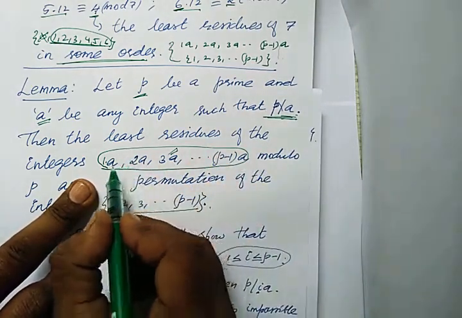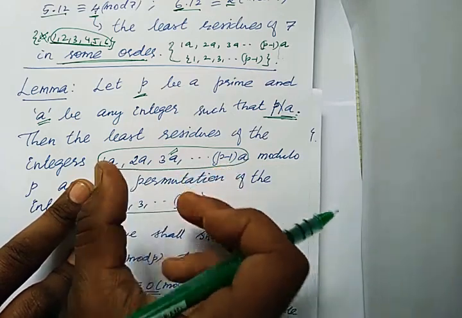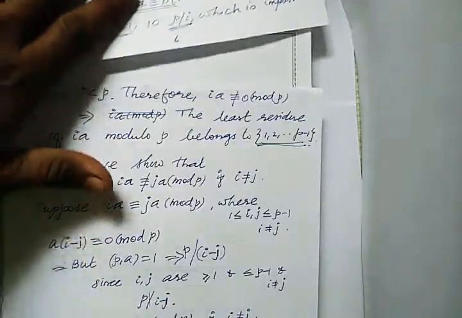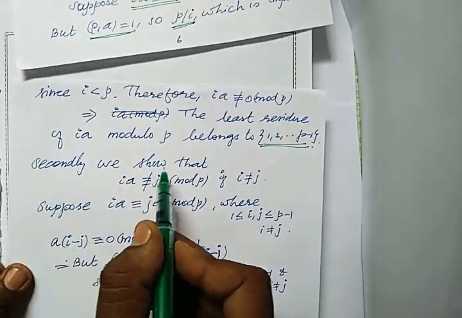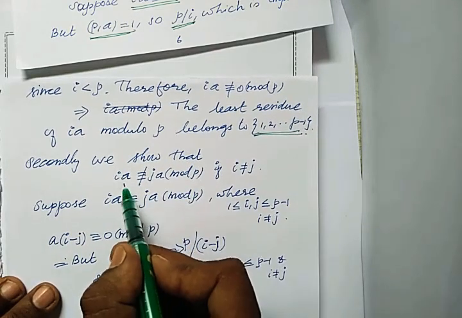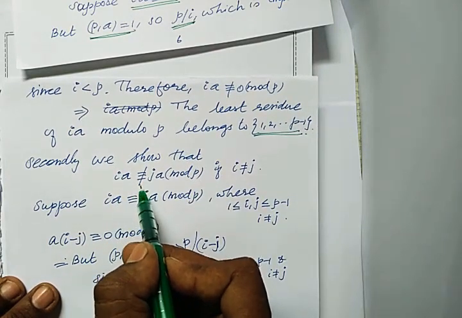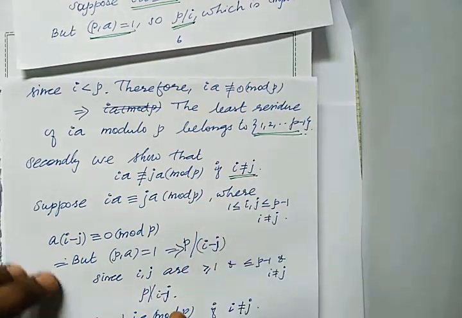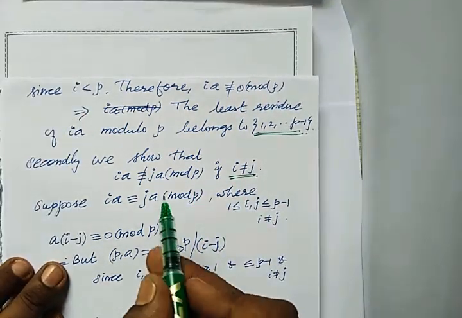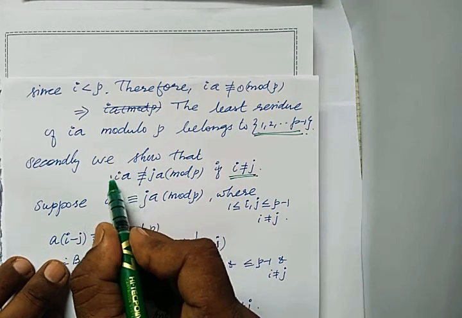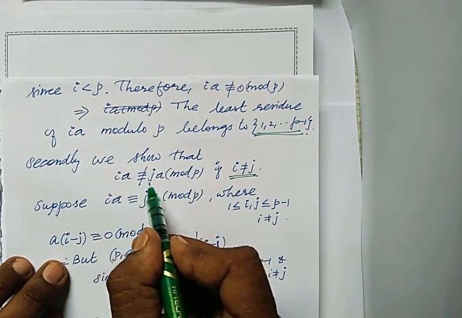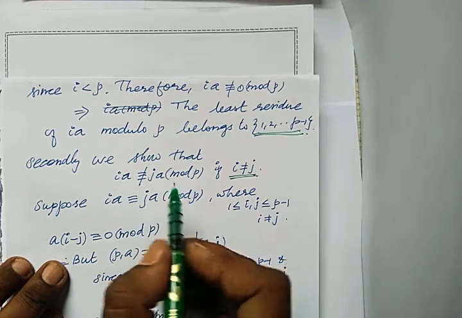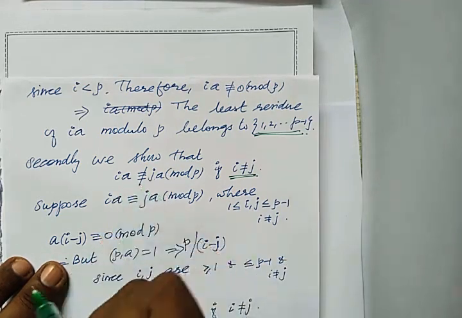If you take three numbers and find the modulo P, we will get three distinct residues. Secondly, now we show that IA is not congruent to JA mod P if I is not equal to J. That means if we find IA mod P and JA modulo P, the residues won't be equal.